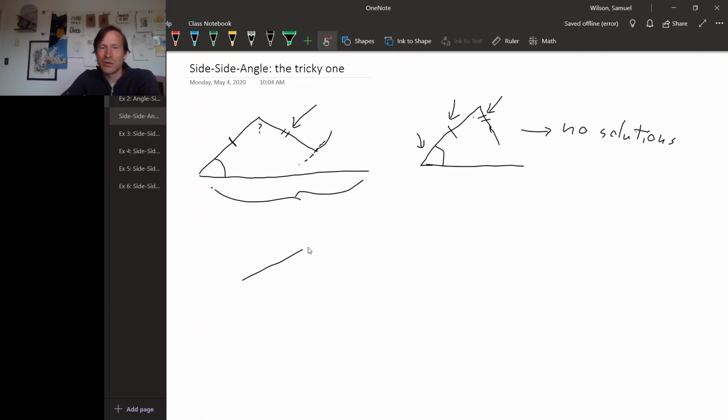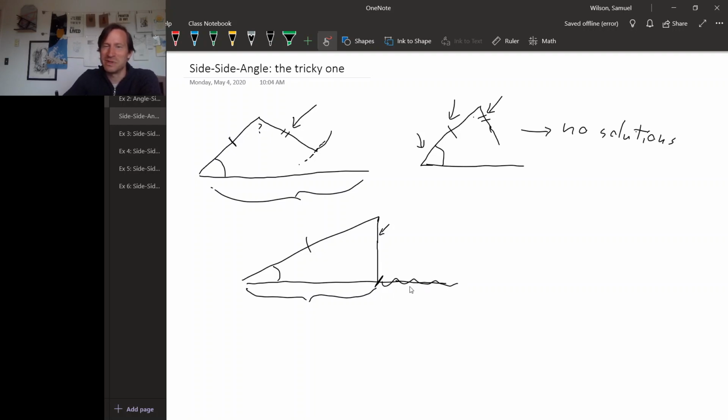But imagine the measurement for this right-hand side slowly getting longer and longer. When it's exactly long enough, it'll just reach the bottom side. Remember, the bottom side isn't fixed, so we can change the measurement along the bottom to be whatever we need it to be. In other words, we can cut off this extra bit on the right.